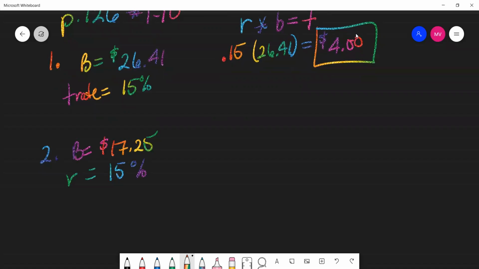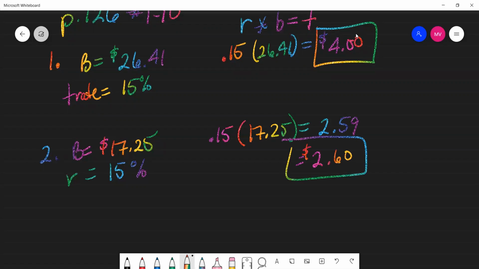All right, so rate 0.15 times the bill 17.25 equals, so 0.15 times 17.25 is $2.59. So when we round that up to the next nickel, that's $2.60 is the tip.